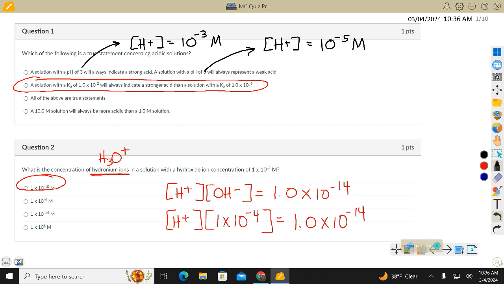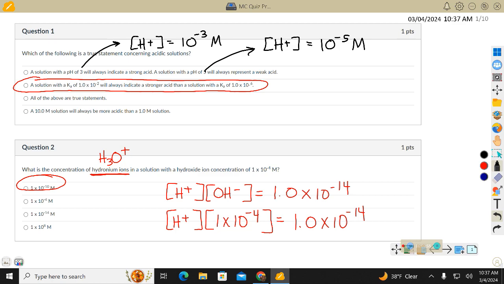I could have a 1 molar solution, so the concentration is less, but it's a strong acid, and it 100% fully ionizes to give me 1 mole of hydrogen. That might still be more acidic than a 10 molar weak acid solution that doesn't ionize by much. So really the best ways of judging strong and weak are either percent ionization or Ka values.